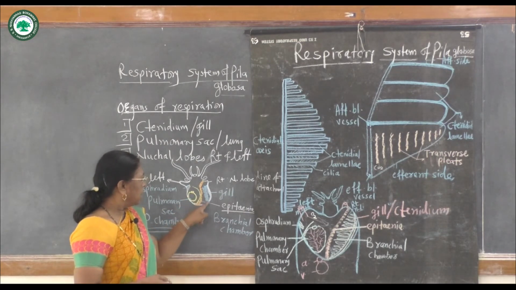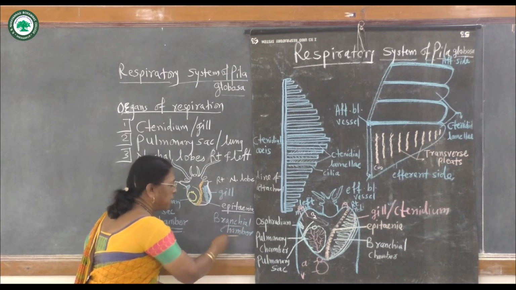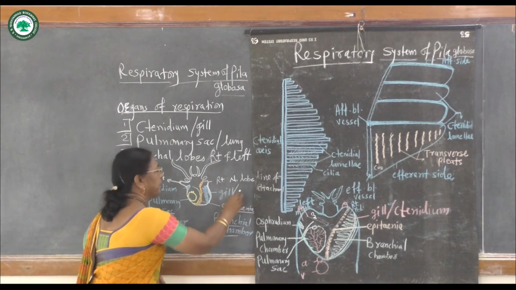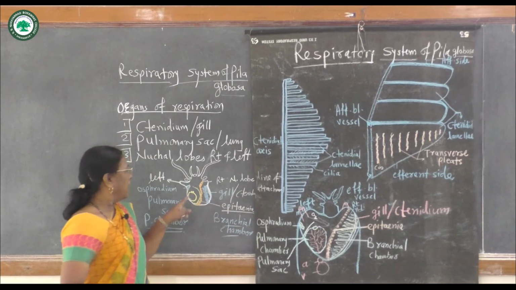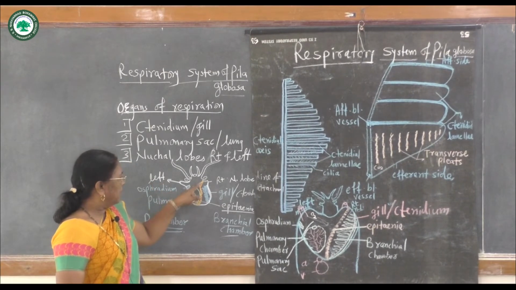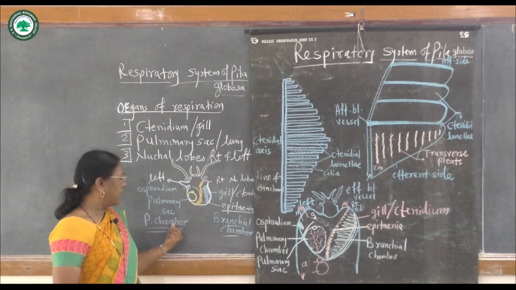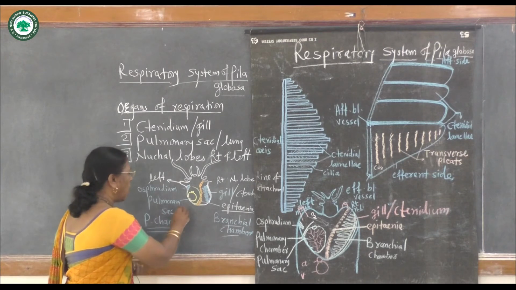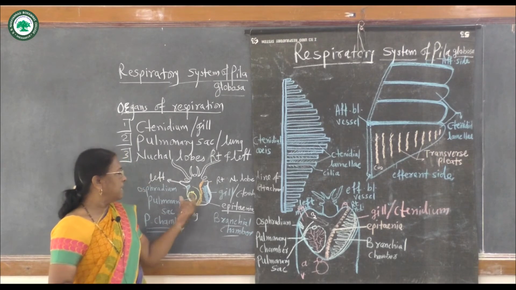The small right chamber is called the branchial chamber, in which the gill or ctenidium is present. The large cavity on the left side is called the pulmonary chamber, in which the pulmonary sac or lung is present.